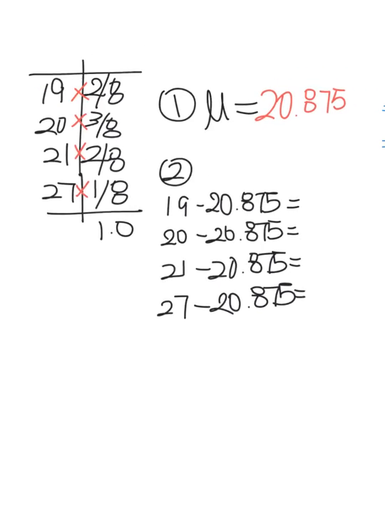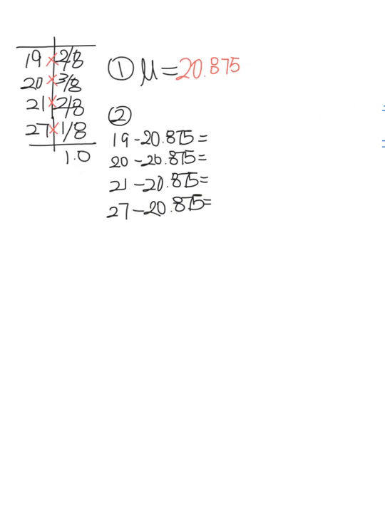Please take the multiplications. How much would be 19 minus 20.875? Is it negative 1.875? Am I correct? Negative 1.875, right? How about the second one? I think negative 0.875.